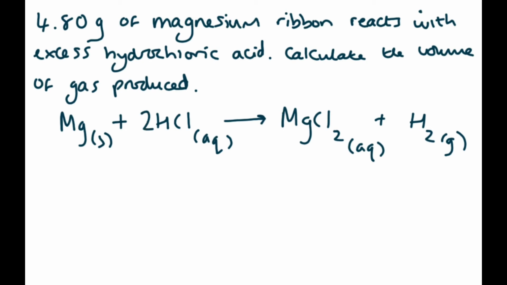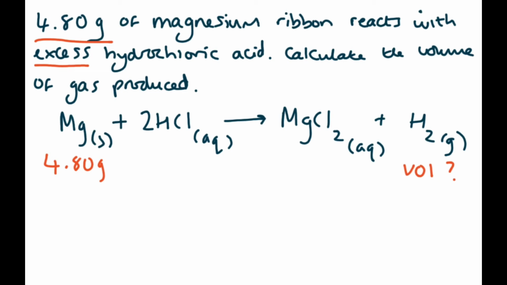Now it's a really good idea to write the key bits of information underneath each item in the equation. So there's 4.80 grams of magnesium, reacts with excess hydrochloric acid, which means too much hydrochloric acid, and you have to calculate the volume of gas produced.